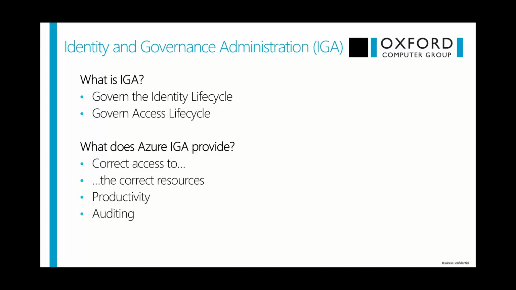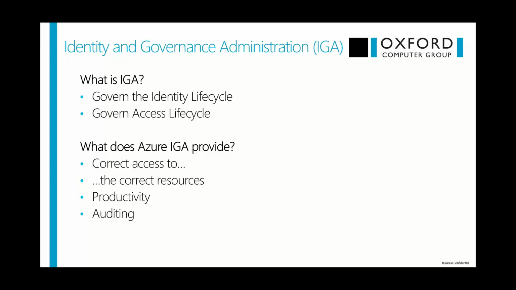Password management is another feature of identity and access management. The access lifecycle is managing access to applications, security groups, roles, and then providing access reviews, access approvals, attestation campaigns, separation of duties, and then analytics and reporting.